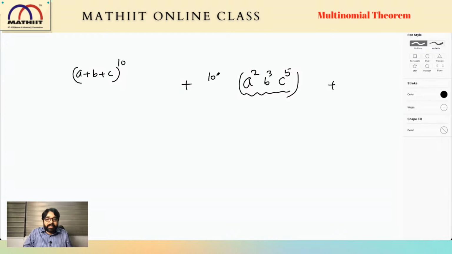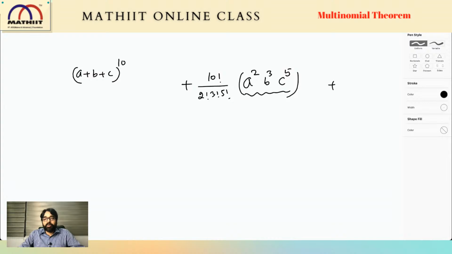How many ways? 10 factorial by 2 factorial, 3 factorial, 5 factorial. The coefficient of this will be this. Is this particular point clear to everyone?